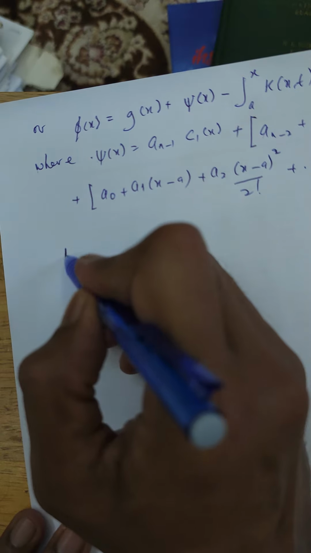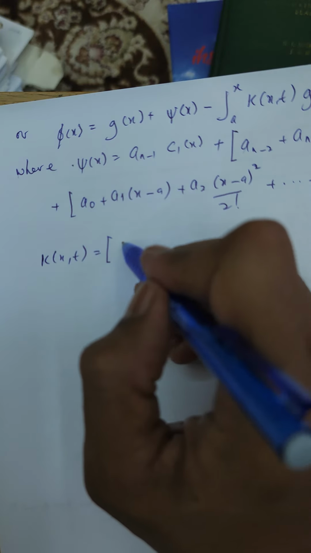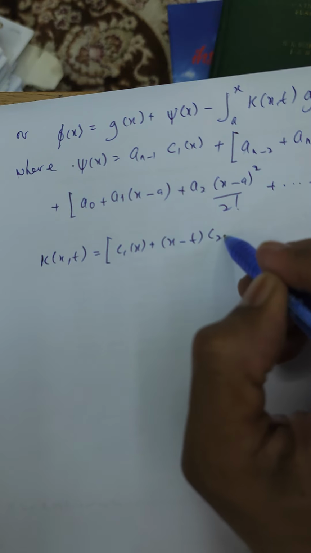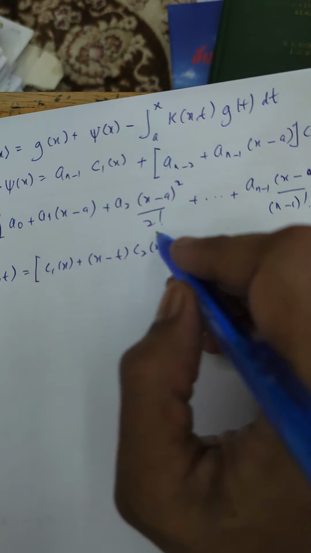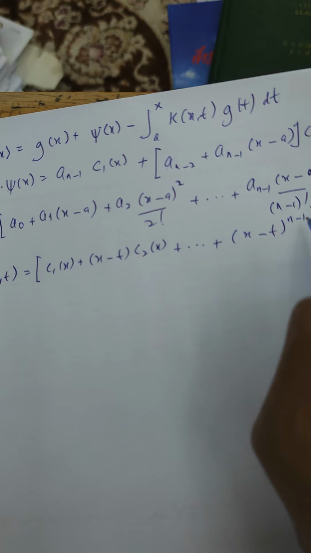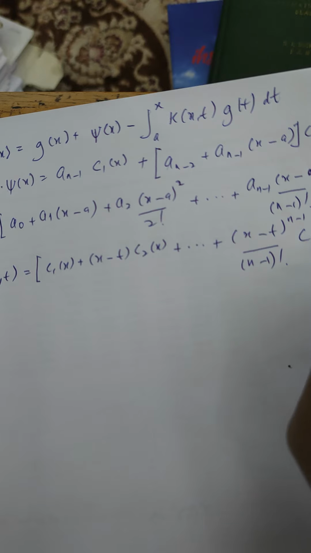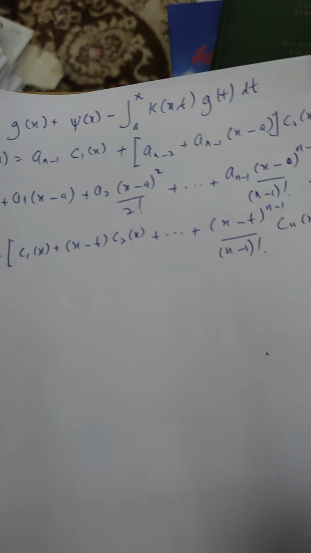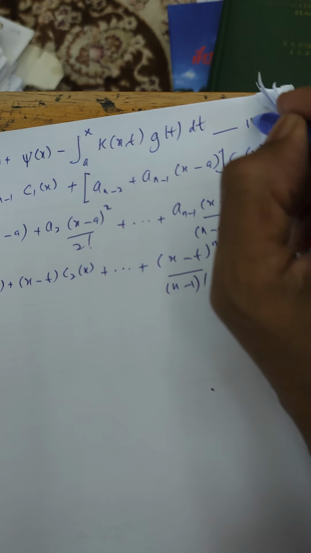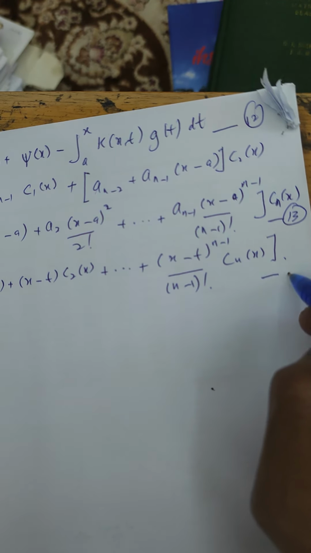And our kernel k is C1(x) plus (x minus t) C2(x), and so on, plus (x minus t)^(n minus 1) over (n minus 1) factorial times C_n(x). So we give them equation number 12, equation number 13, and equation number 14.